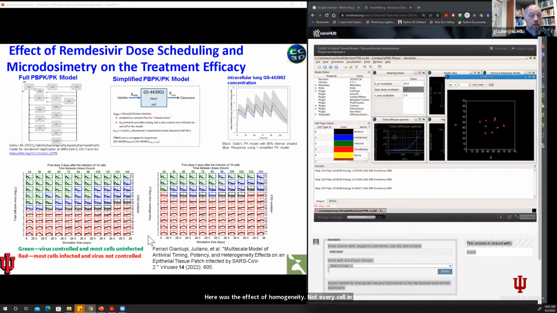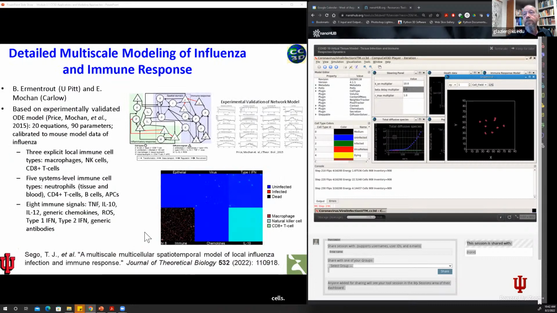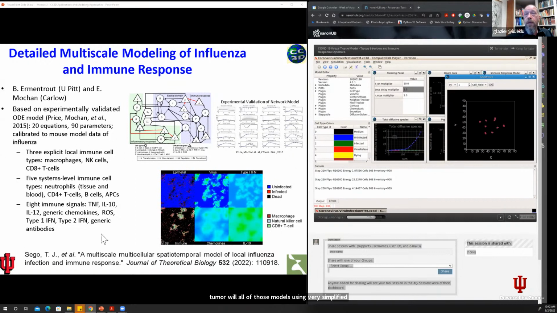And that means that you can have some cells that aren't getting enough to turn off the viral replication. That happens a lot with cancer. You have a cytotoxic chemotherapy. It can kill 99% of the tumor cells, but if some of the tumor cells hide and escape, then the tumor will recur. All of those models used a very simplified model of the immune system.